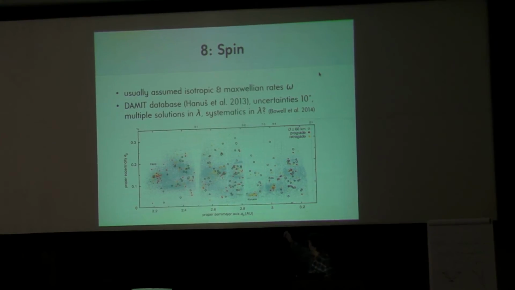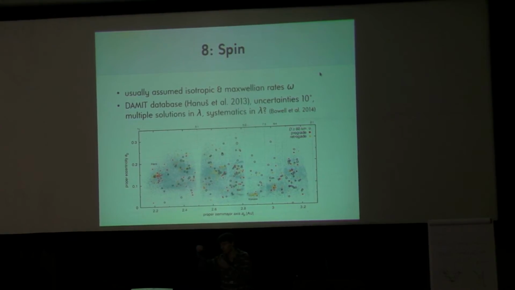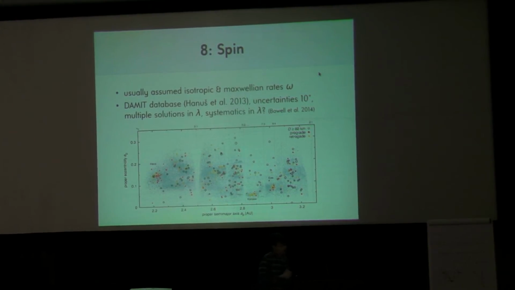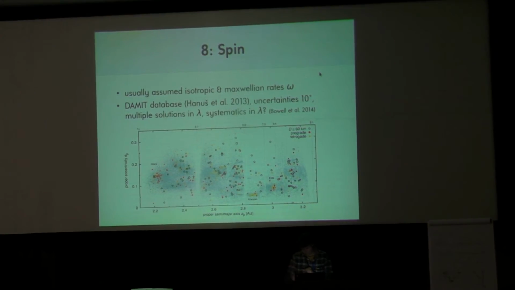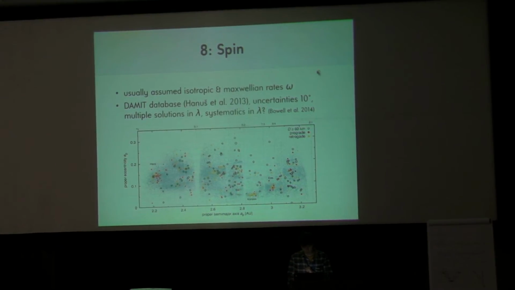The uncertainties of these points are about 10 degrees in polar latitude. The longitude is, of course, less constrained. There are often multiple solutions which are mirror solutions in longitude. So I would recommend to use mostly the latitudes of the work.